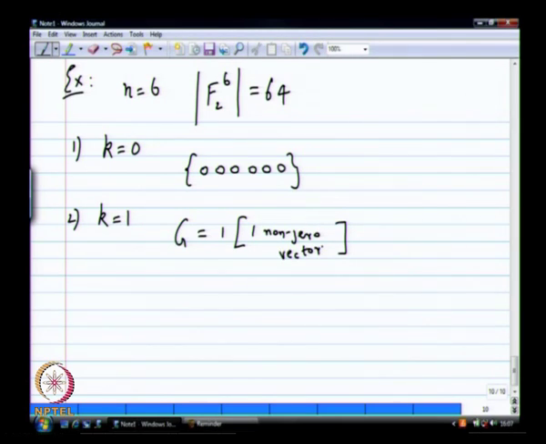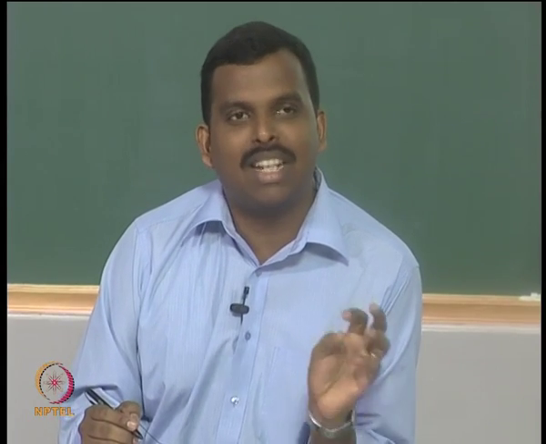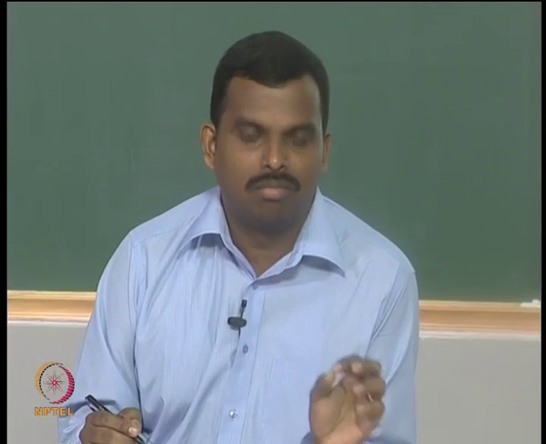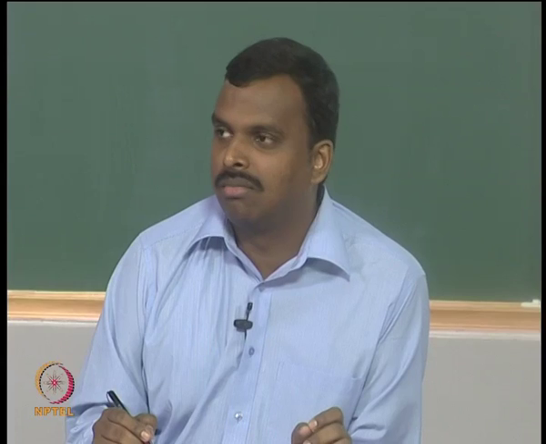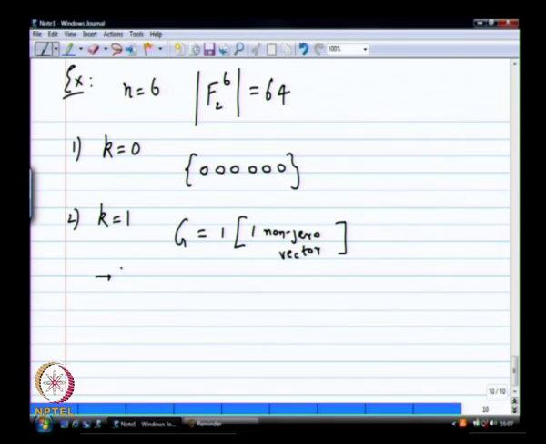How many non-zero vectors are there in F_2^6? 63. For each such choice you will get technically a different (6,1) code. Is that okay? So there are 63 (6,1) codes.